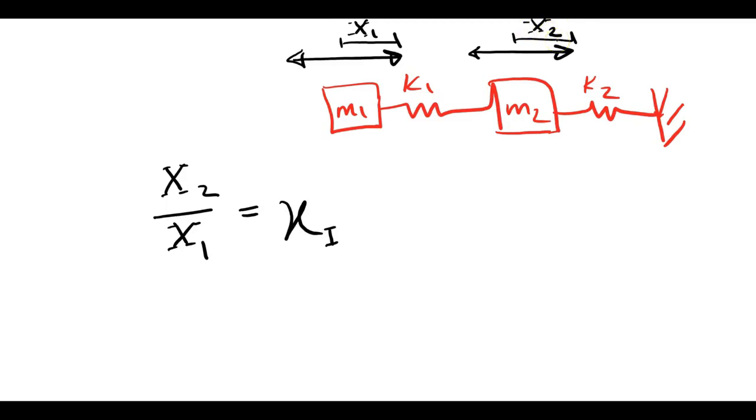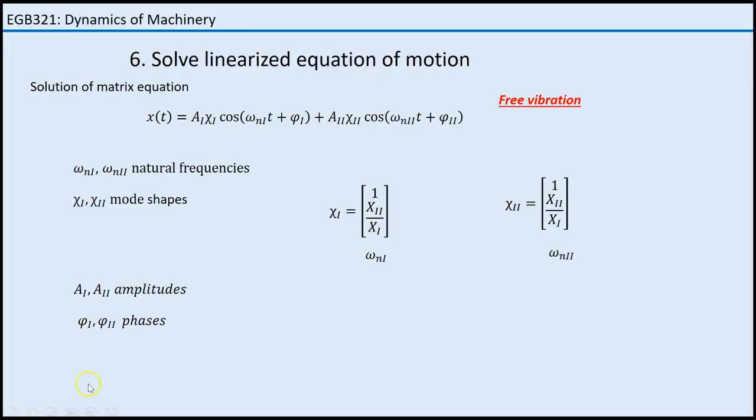So we can write their ratio as chi1, where A1, A2 are the amplitudes, and phi1 and phi2 are phases. These are constants, and we can find them by imposing initial conditions.